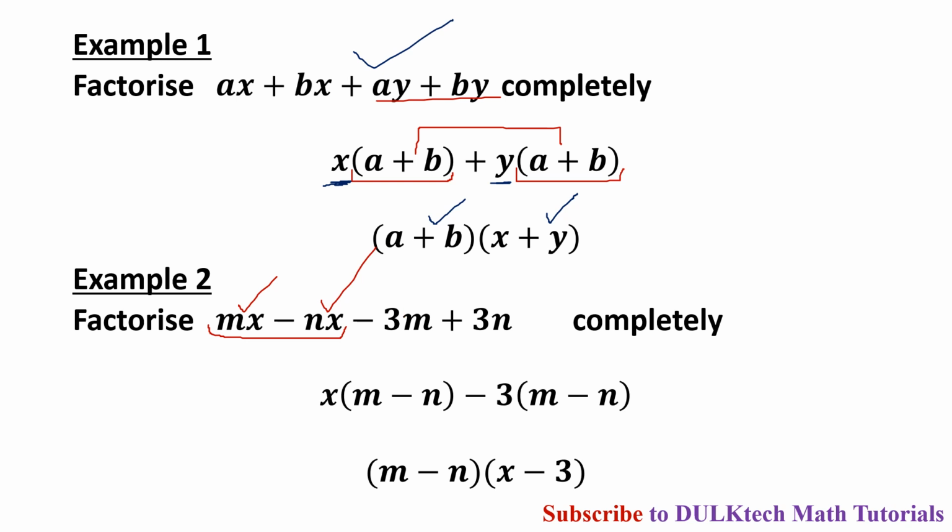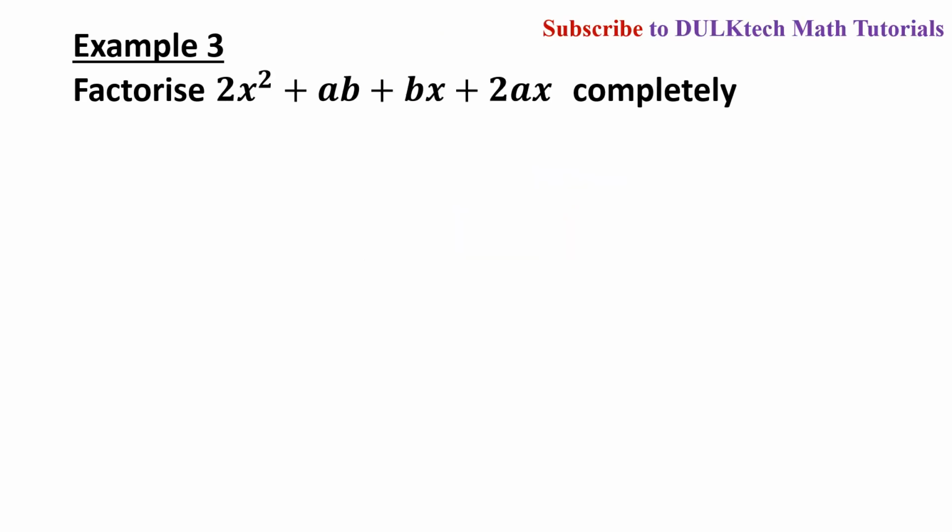Right, let's now move on to our third example. If you look at this example, the highest common factor on the first two is 1. The highest common factor on the last two is x. If we take out x on these two last terms, we remain with b plus 2a, which is different from the first one, if we check out the highest common factor 1, the first one will be 2x squared plus ab.